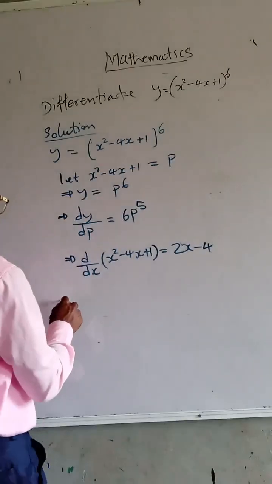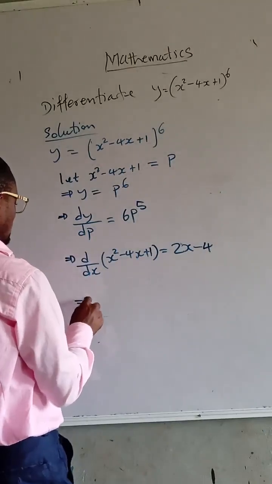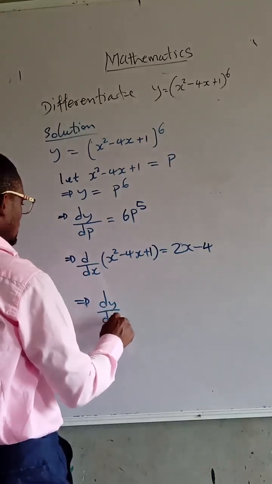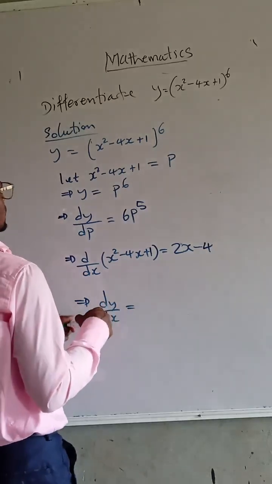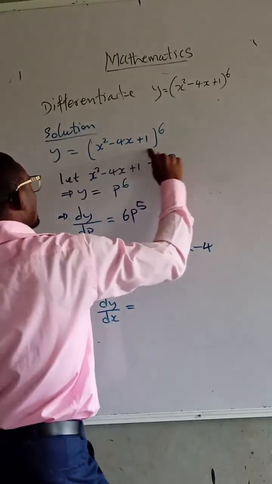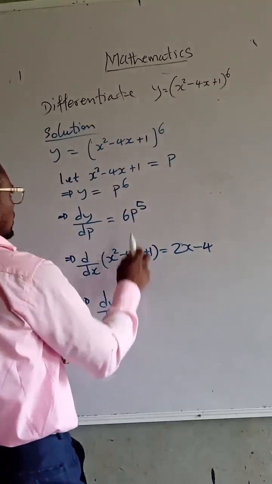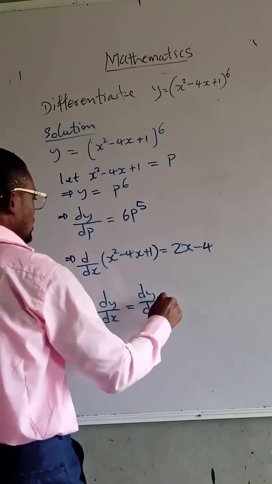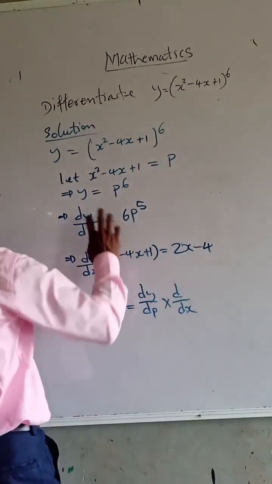Then finally, dy/dx is dy/dp multiplied by dp/ds.